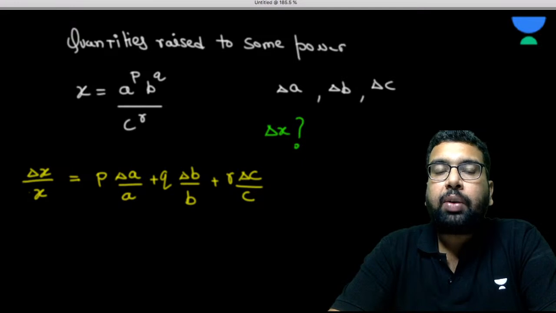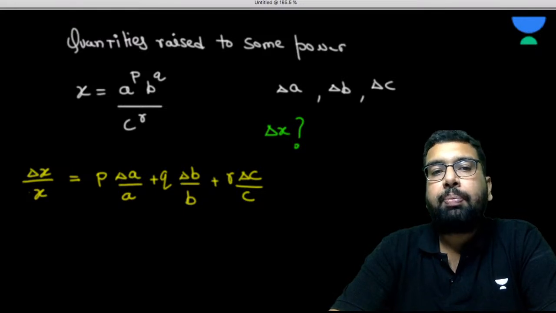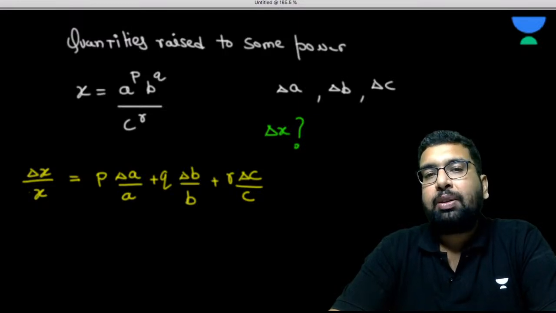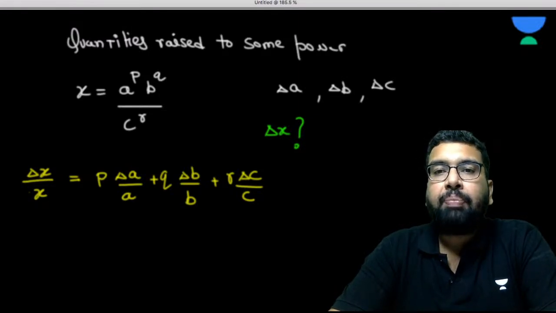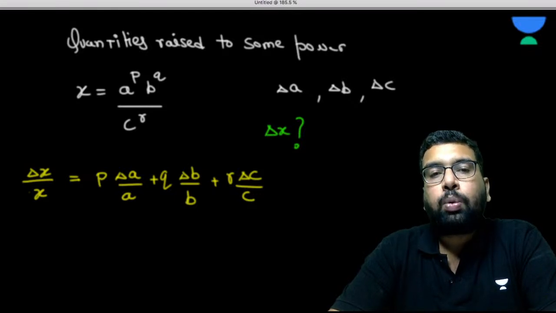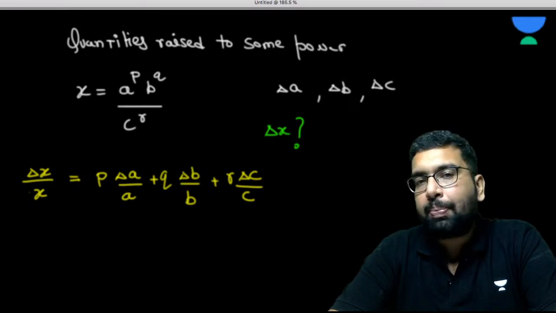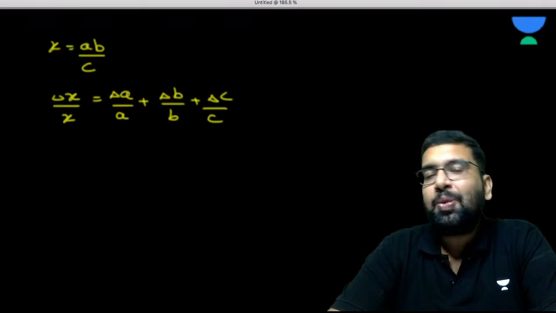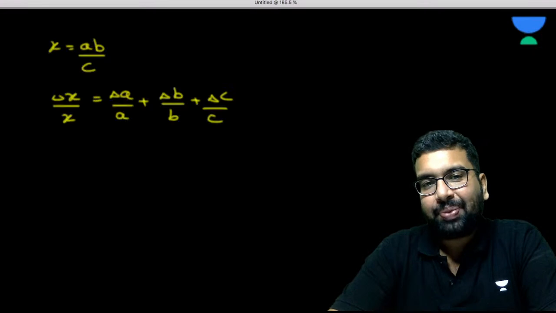Now if it is a to the power p, b to the power q, c to the power r, then we have p delta a by a, q delta b by b, and r delta c by c. This way you can get your delta x. X you can find by calculating from the true value, putting the powers the same way.